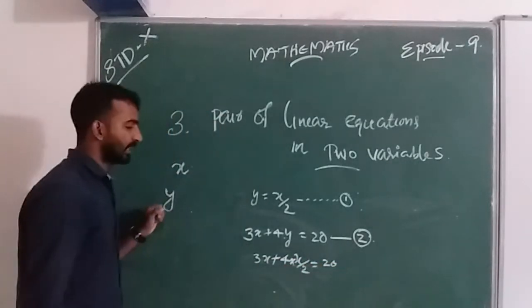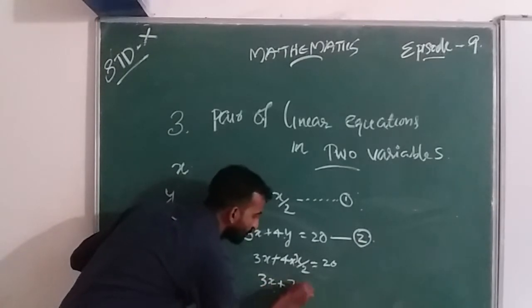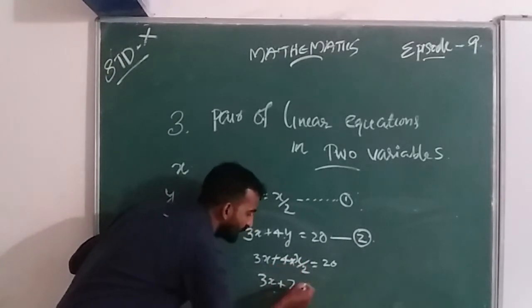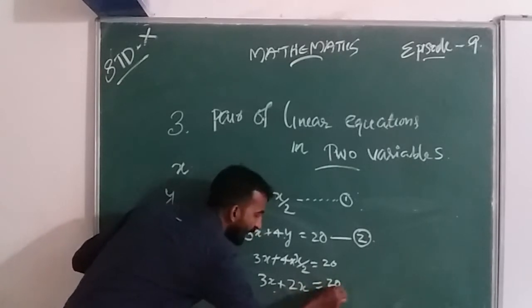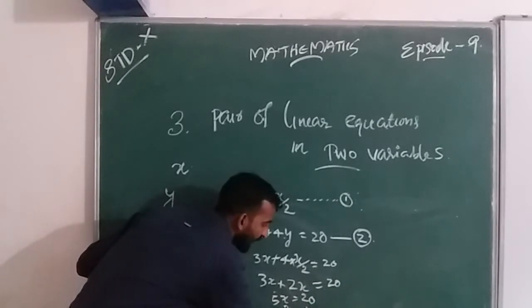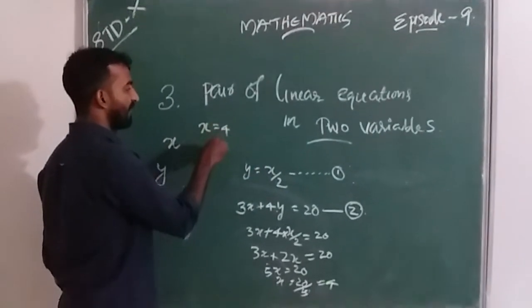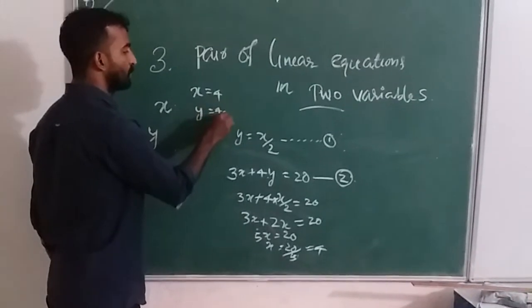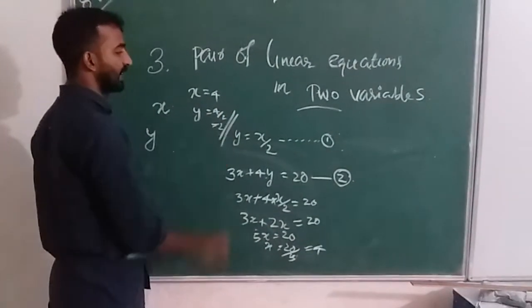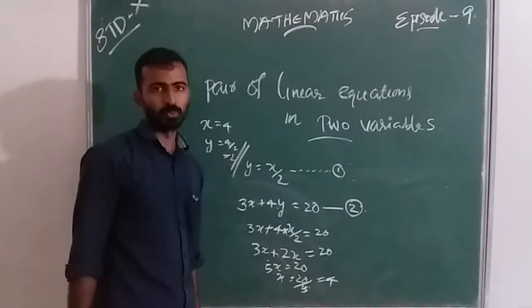That is 3x plus 2x equal to 20, so 5x equal to 20. x equal to 20 by 5, which is 4. Then y equal to 4 by 2, which is 2.